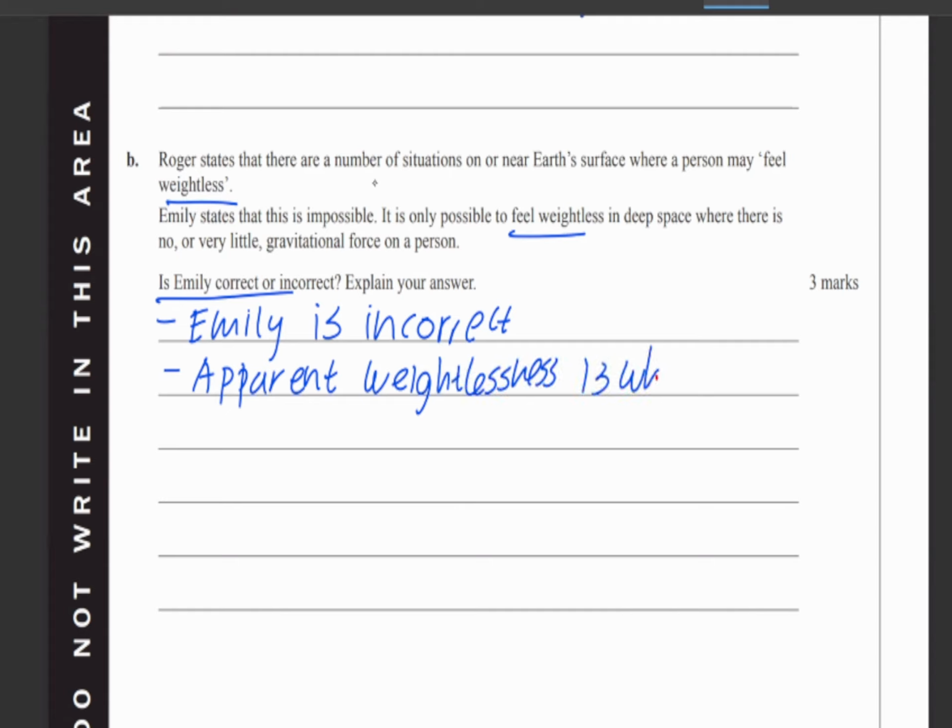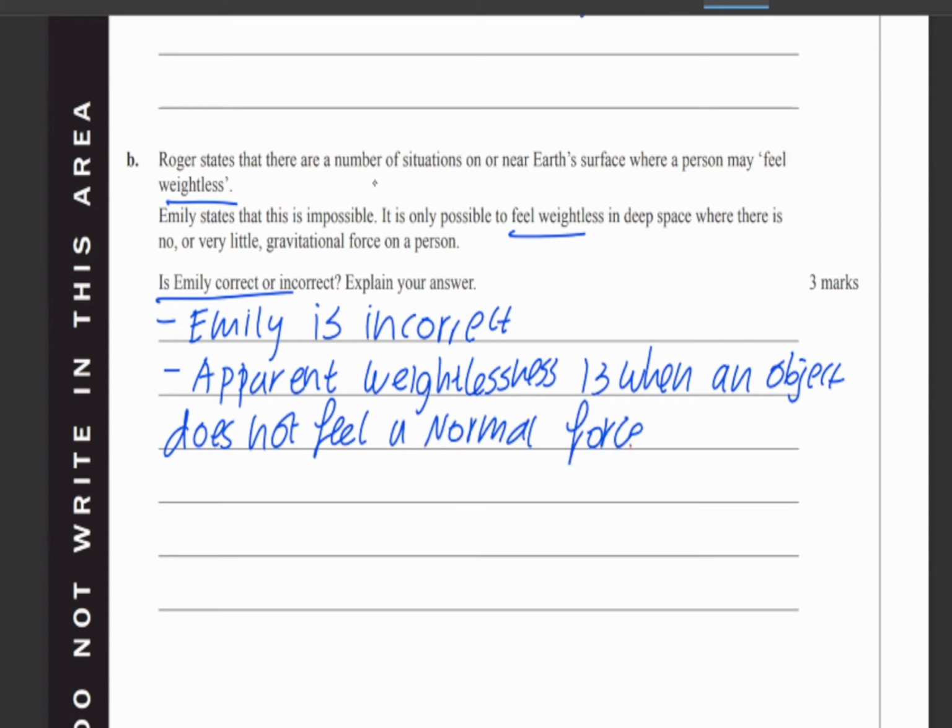It is when an object does not feel a normal force. So then Fn equals 0. And then for the 3 marks, you could give an example. There's like an elevator example.